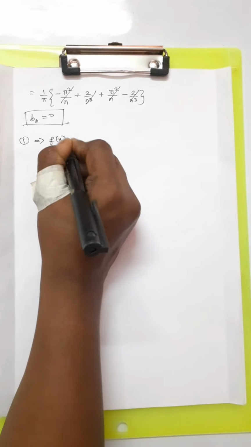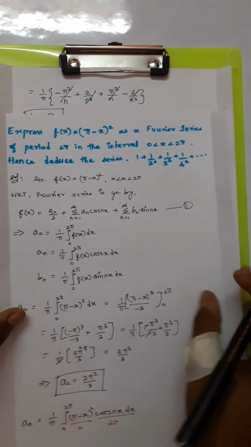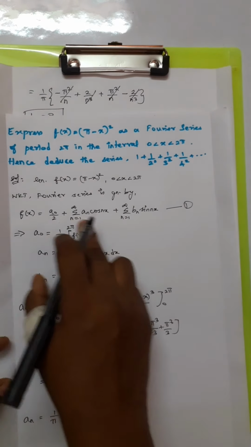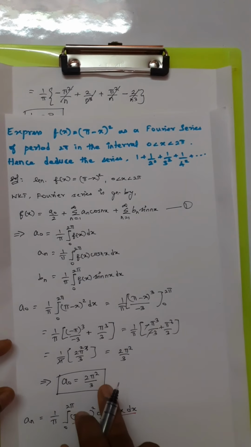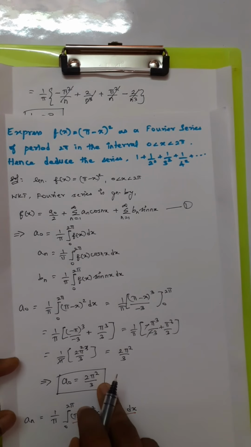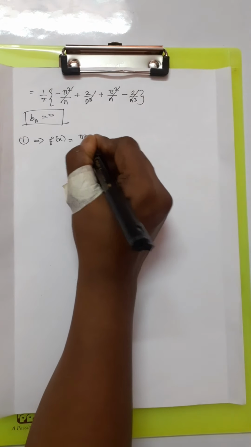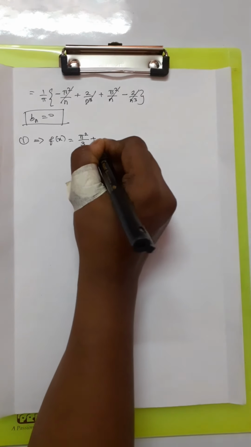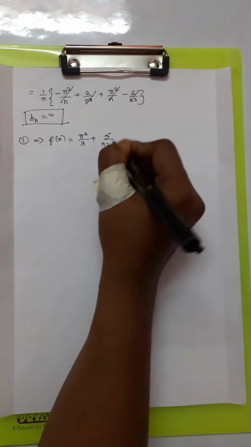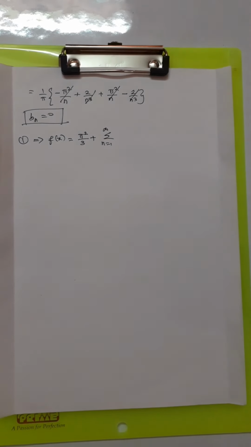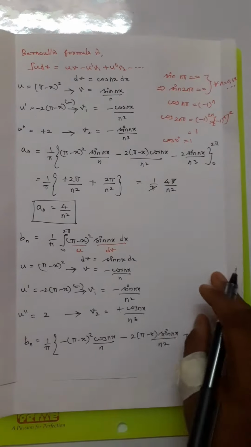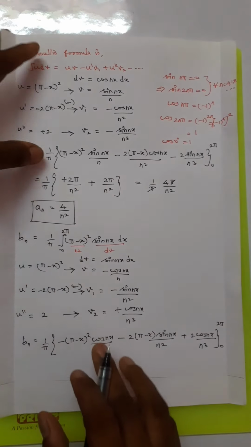f of x is equal to, it is a0 by 2, where a0 is 2 pi square by 3. So a0 by 2 is just pi square by 3. So pi square by 3 plus summation n is equal to 1 to infinity an. an is 4 by n square.